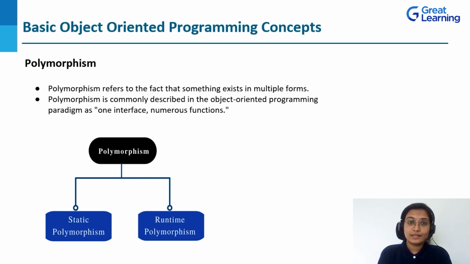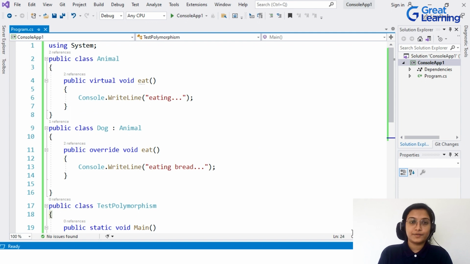Let's quickly check an example. How does polymorphism really work? So you have a class here called animal, and you have a method called eat. You can observe you have the first one here and the second one here. In the first one, the Console.WriteLine writes "eating". Again, in the second one, you have "eating bread".